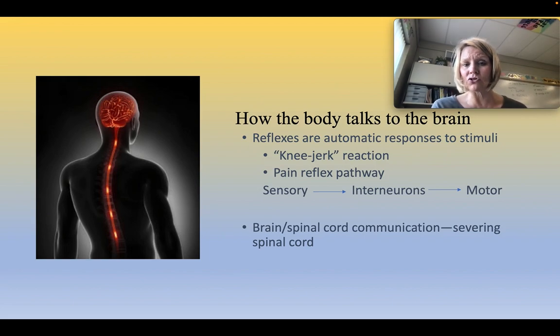But what's really interesting is that people will report phantom pain where they have pain, but they don't even have that limb anymore. And that's really amazing. So we know that as much as the brain and spinal cord communicate together, the brain continues to feel things that are quite amazing.